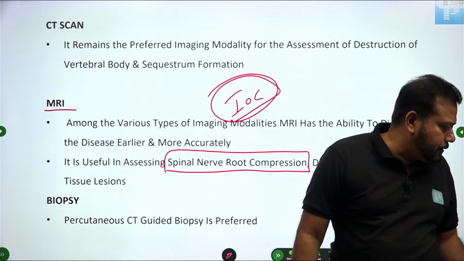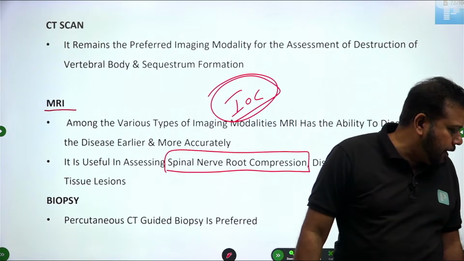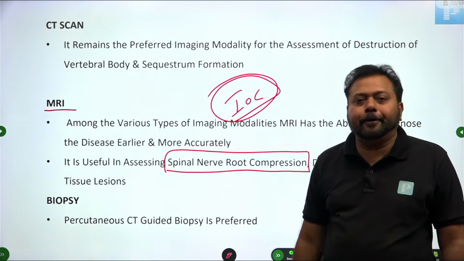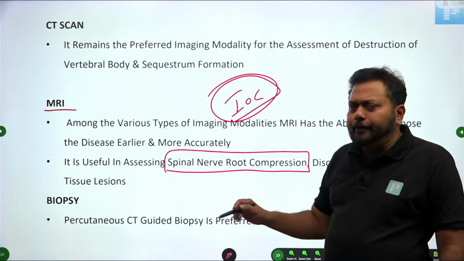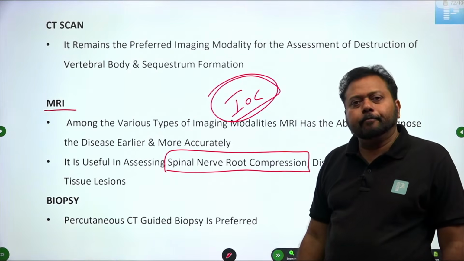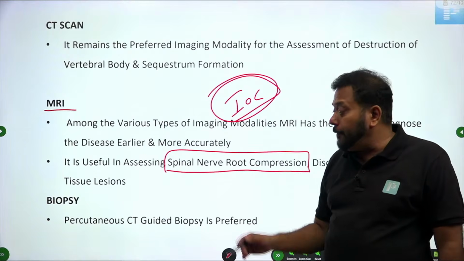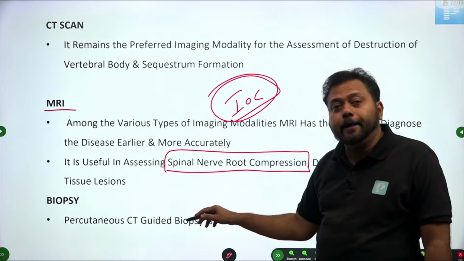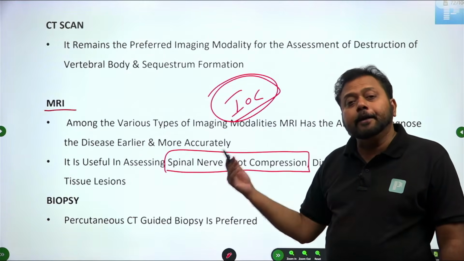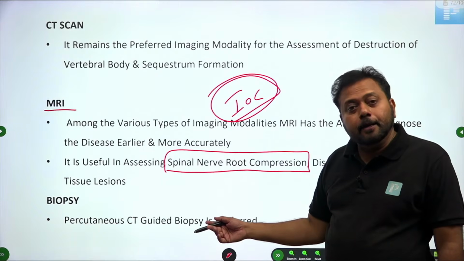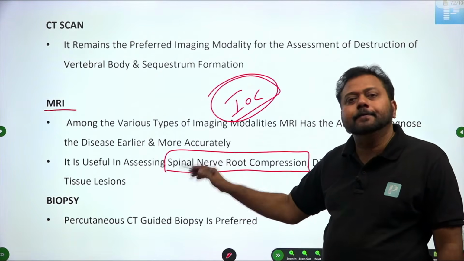If they ask for the preferred investigation, it is MRI. For 100% confirmation, when they have specifically given percutaneous CT guided biopsy, then you can go for biopsy. So the preferred investigation is MRI.